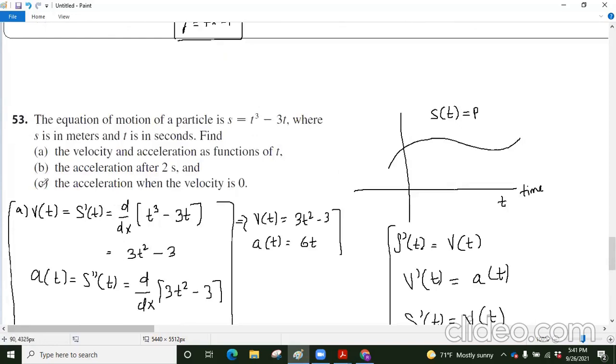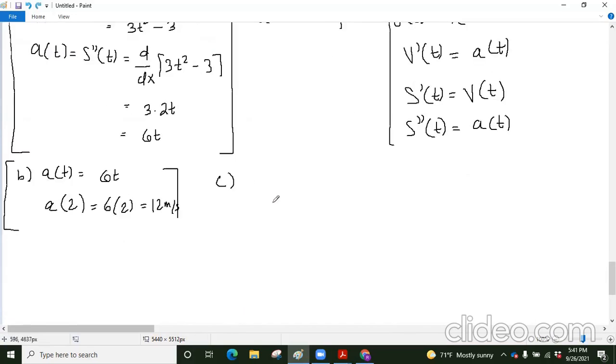Part C essentially says, what is the acceleration when the velocity is 0?